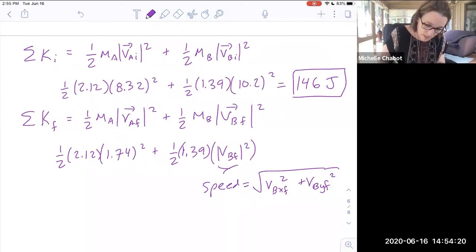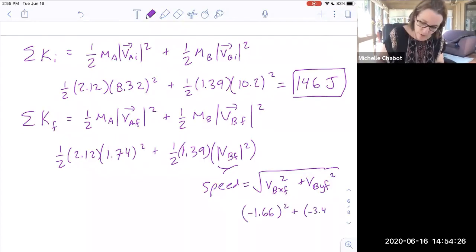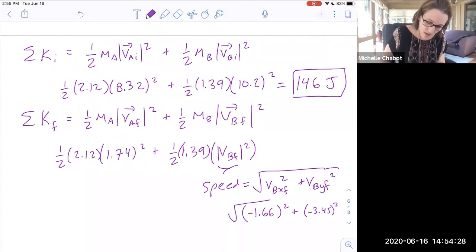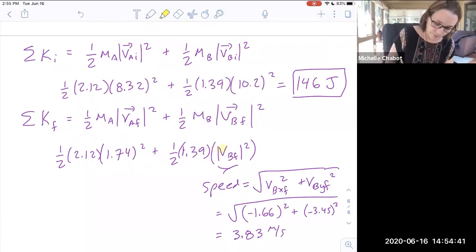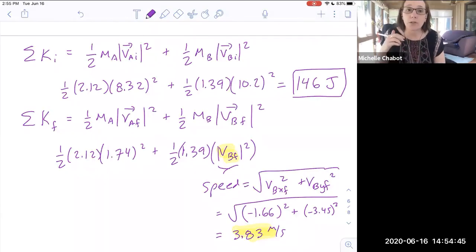So to remind us, it was negative 1.66 squared, and then plus negative 3.45 squared, square root of that. And if you work that out, then you should get that the speed is 3.83 meters per second. So that's what I would use for my final speed when I do this calculation.